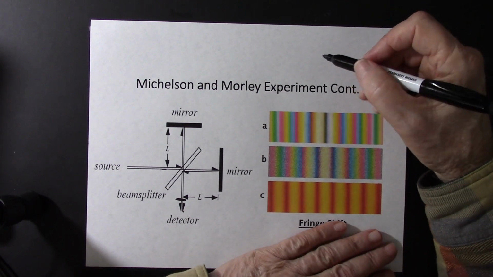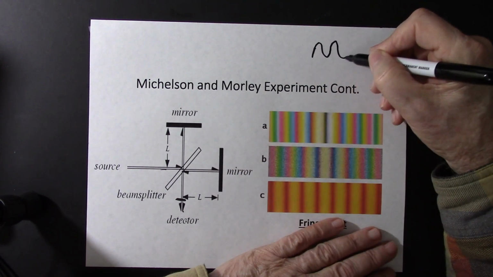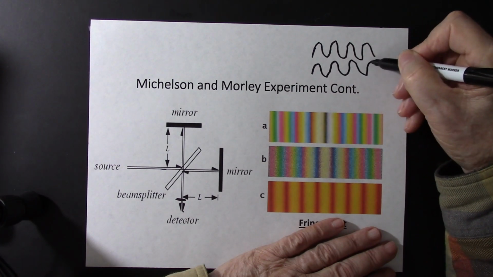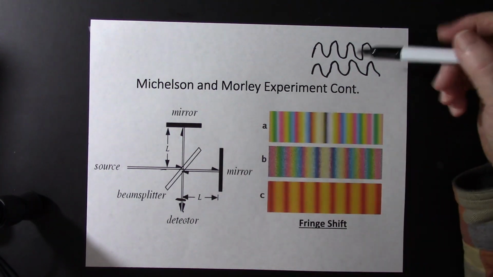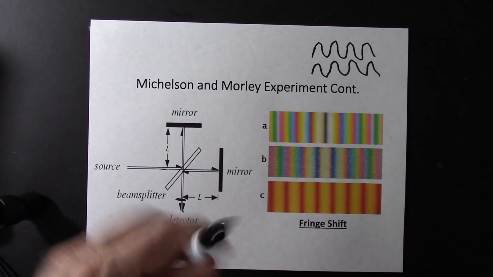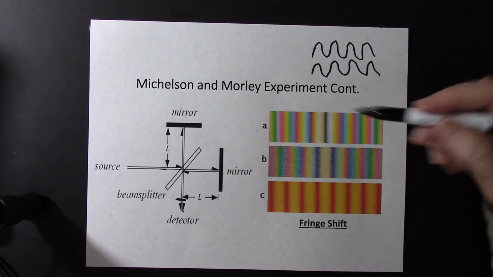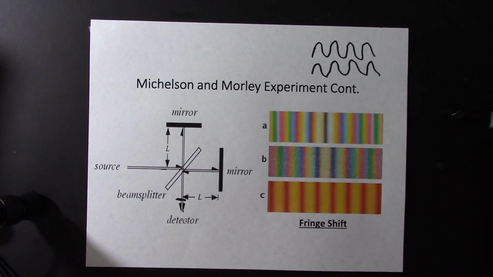And why is that? Well, if you have two waves, and remember they split the light wave into two waves, and another one here. Well, if these crests and troughs line up and they come to the detector at the same time after a rotation, you would just see the same thing before the rotation as afterward. So there would be no fringe shift, and so it would look the same in either case.